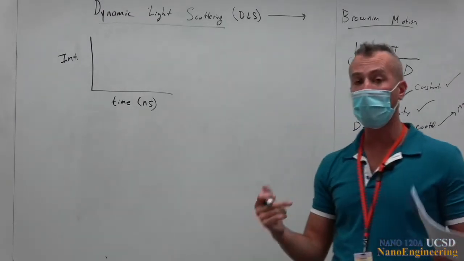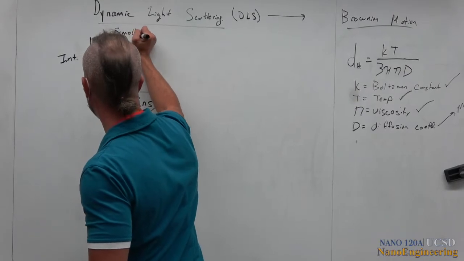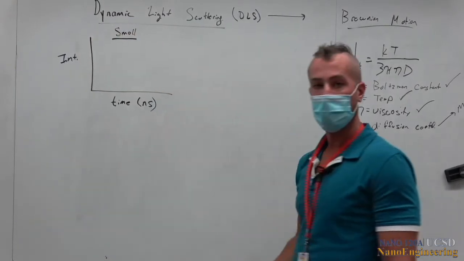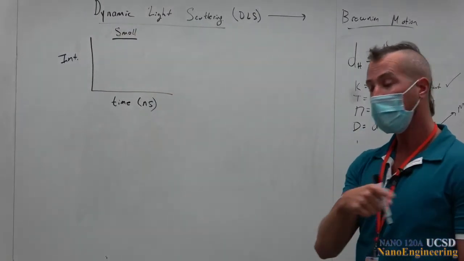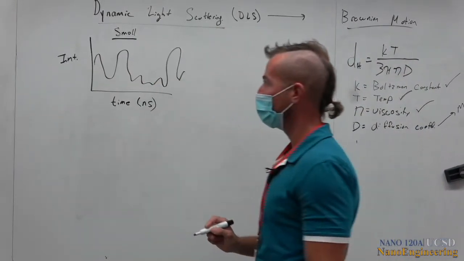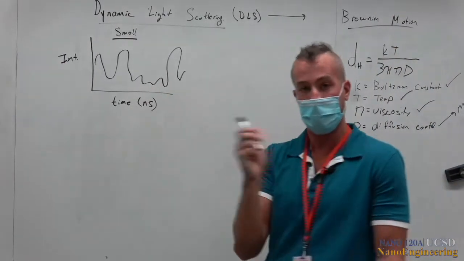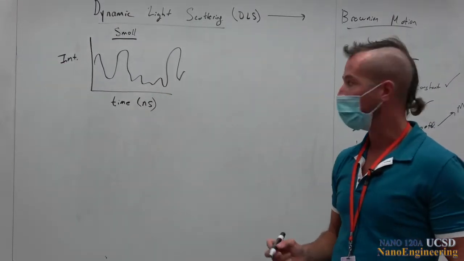And if we have a small particle, like I showed you on that video, you're going to have a wide variation in intensity and relatively fast movement, right?